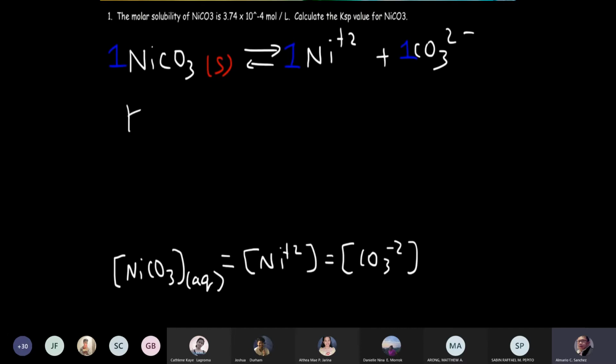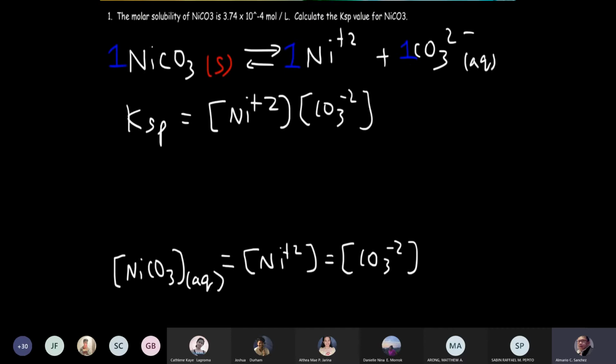Now let's write the KSP expression for this reaction. To write the equilibrium expression for any K value, it's equal to the products divided by the reactants. Now the products are nickel 2+ and carbonate. Both of these are in the aqueous phase, and the reactant is solid nickel carbonate.